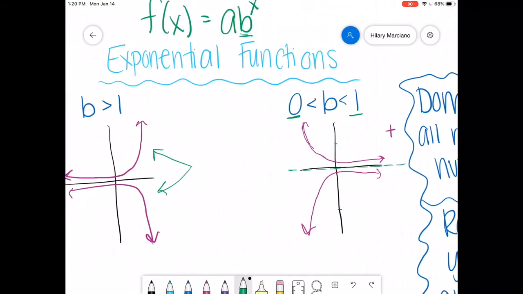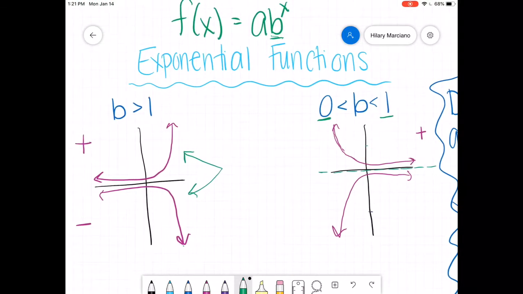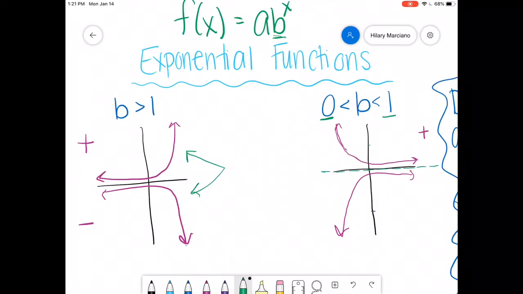The next thing we're going to talk about is the graphs themselves. The basic first thing we need to remember is to focus on looking at this letter b up here. So b is going to determine what happens to our graph. First, we need to look at b and see if it's greater than 1 or if it's between 0 and 1.